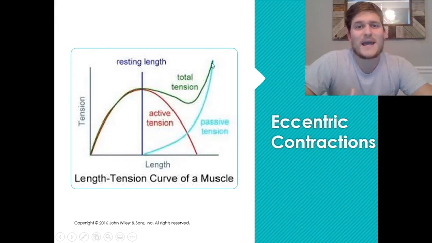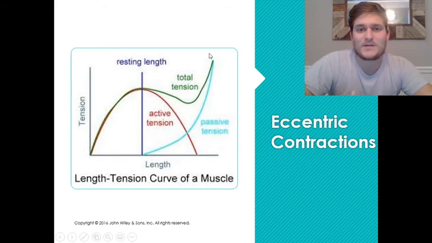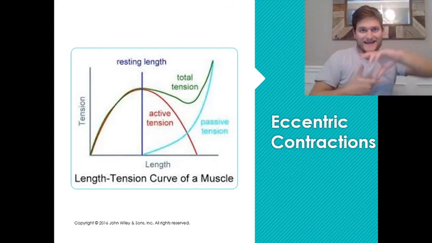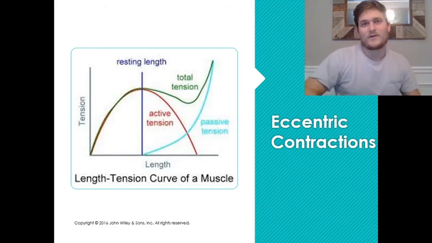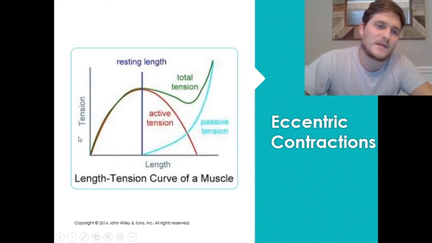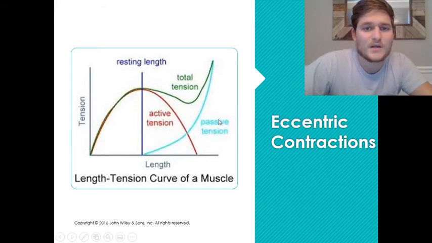And that's going to add to our total tension. A lot of times in textbooks and things like that, we are talking about this sort of old methodology, where we're only looking at a snapshot of the whole picture. So during eccentric contractions, you will get increases in fiber tension through that protein called titin.